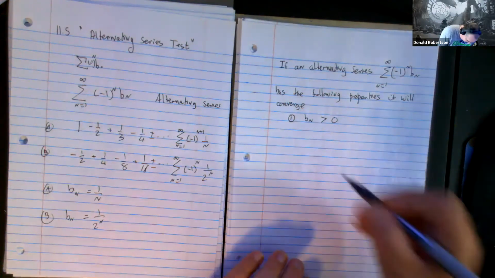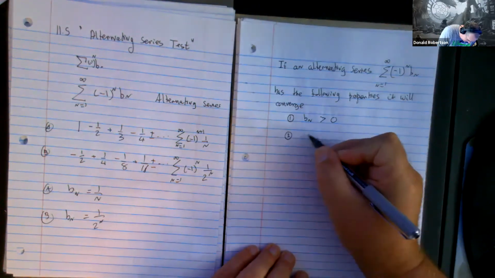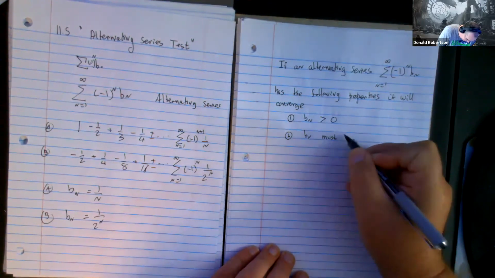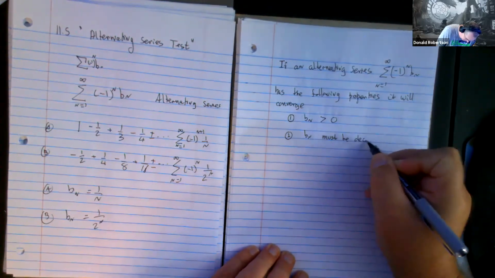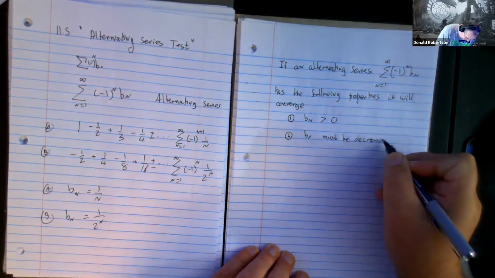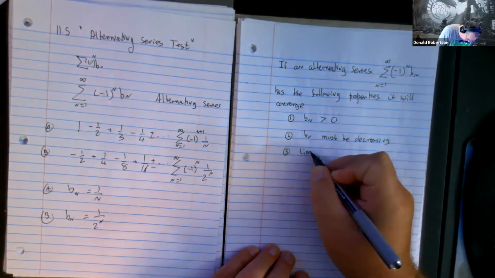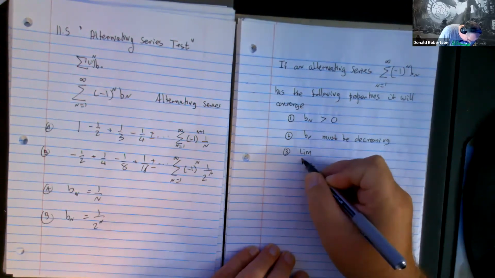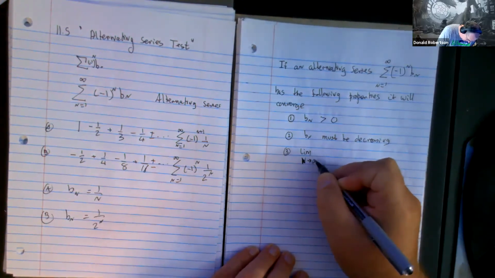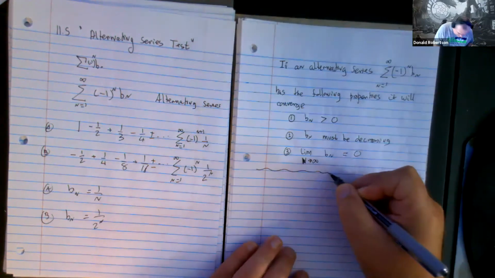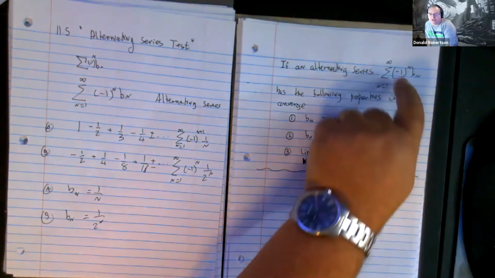Secondly, Bn must be decreasing. And lastly, the limit as n tends to infinity of Bn must be 0. If those three conditions are met, then the alternating series will converge.